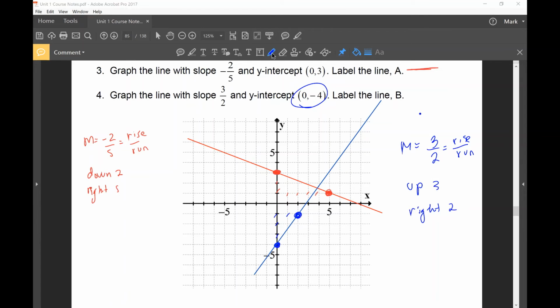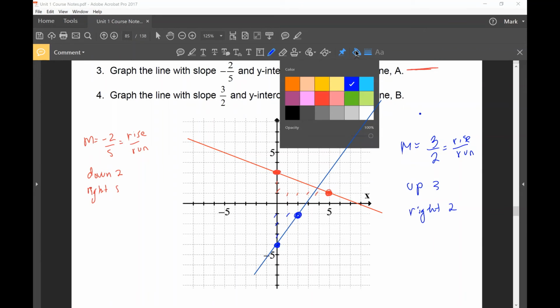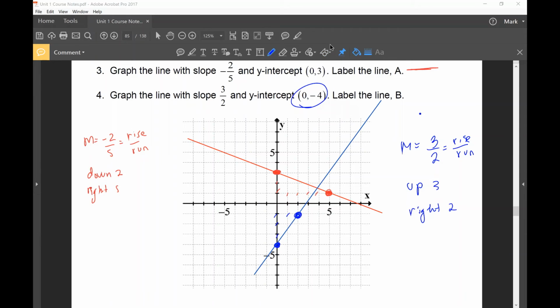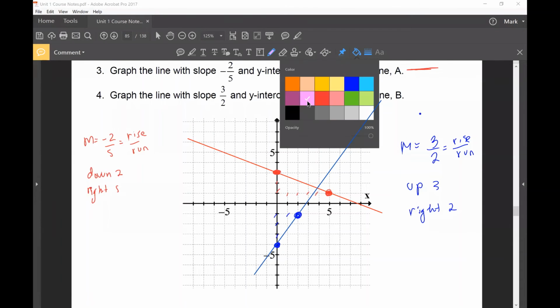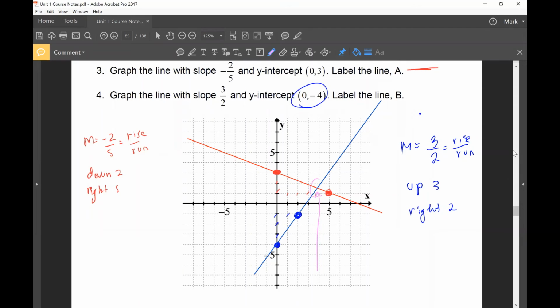Now, one thing I want to mention before I move on, and first of all, if you have any questions with this, let me know. Let me pick a different color here. Let's go with real bright pink. This point here is called the intersection. Think about an intersection in Qatar.